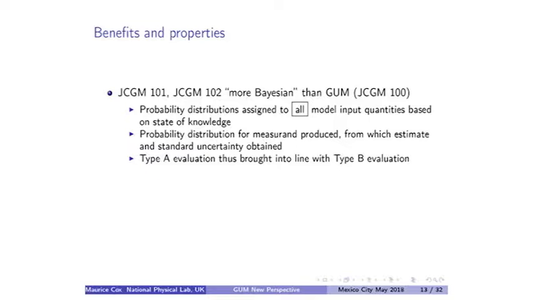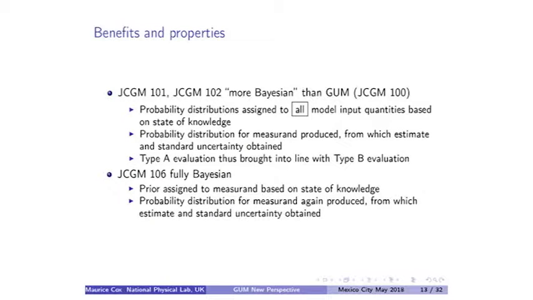The type A evaluation is thus brought into line with type B evaluation, which has been quite a criticism of the current GUM. 106, as I say, is fully Bayesian. We assign not only priors to the input quantities, we also assign a prior to the output quantity, the measurand, based on state of knowledge, and go the same way as before.